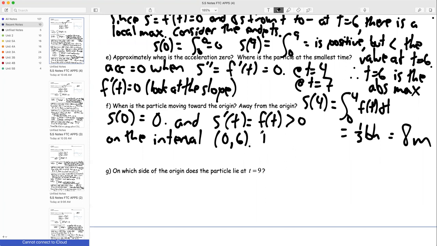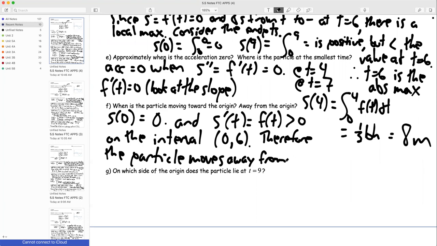Therefore, the particle moves away from the origin on this interval.